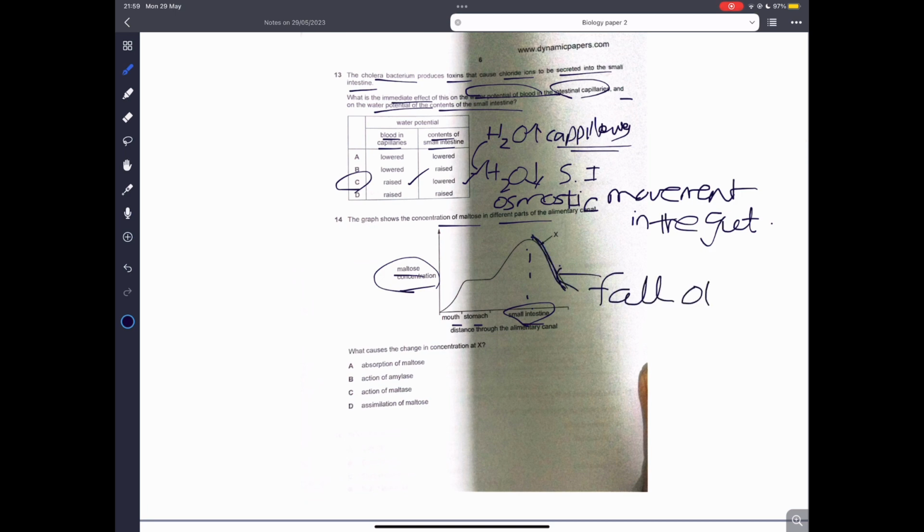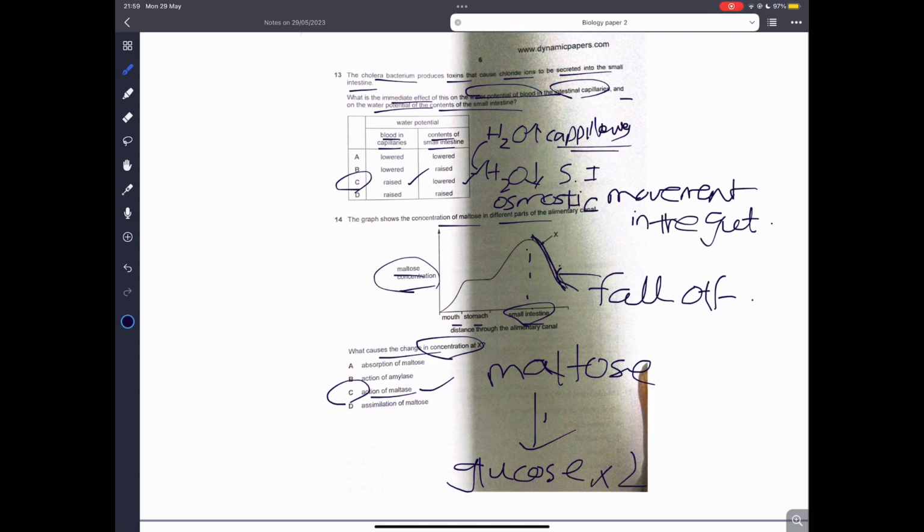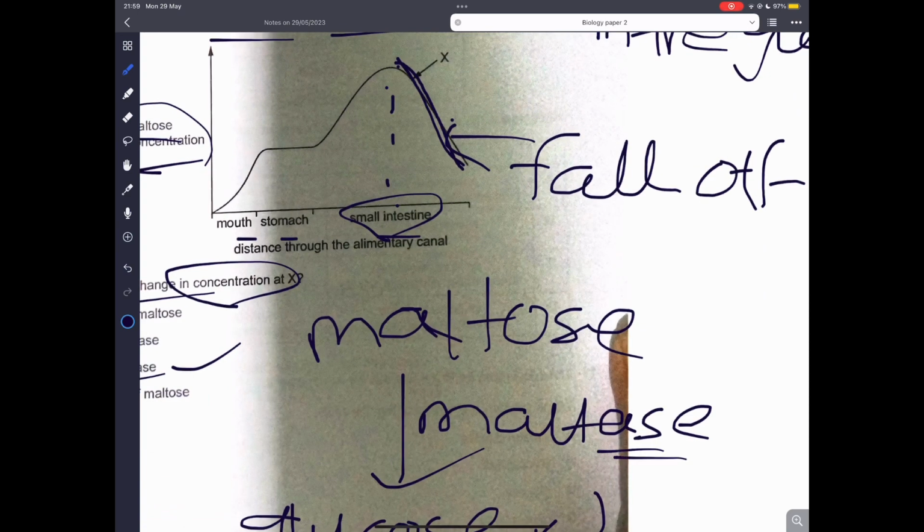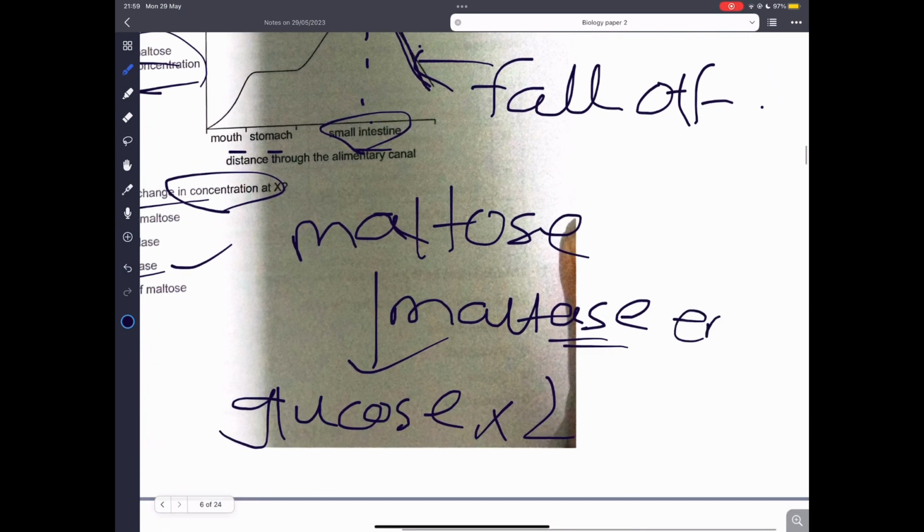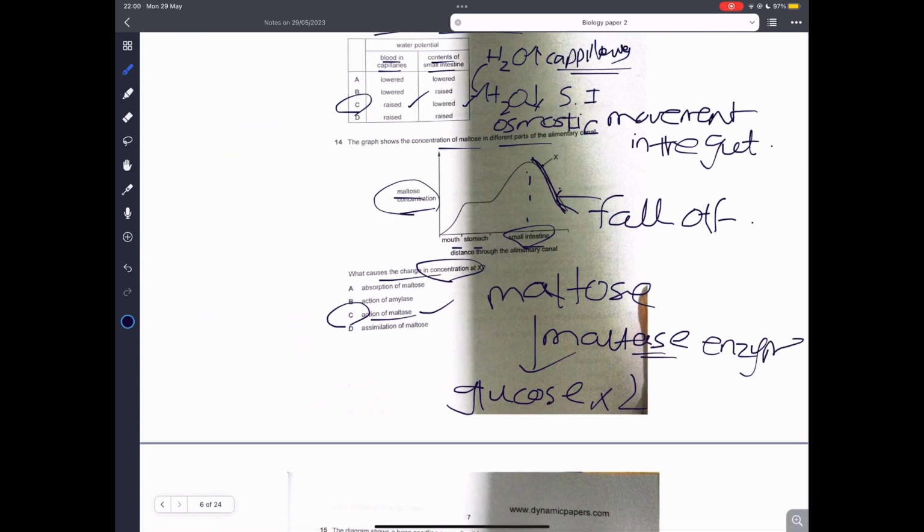And now the curve falls off, it decreases, so this could only mean one thing, which is the action of maltase, in which the maltose is being turned into 2 glucose molecules, because this is due to the enzyme maltase. So yeah, the maltose concentration decreases, therefore C is the correct answer.